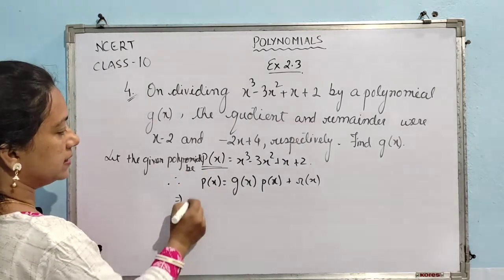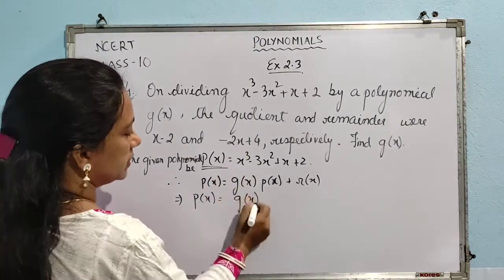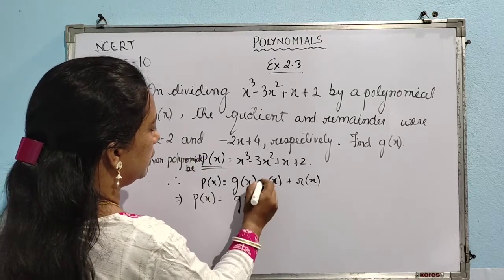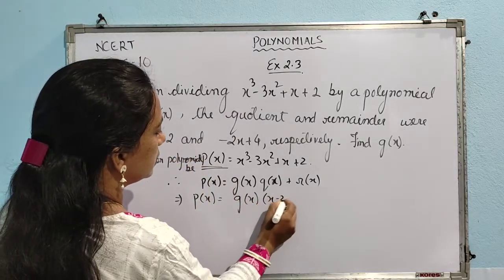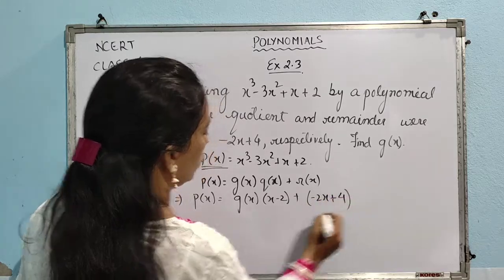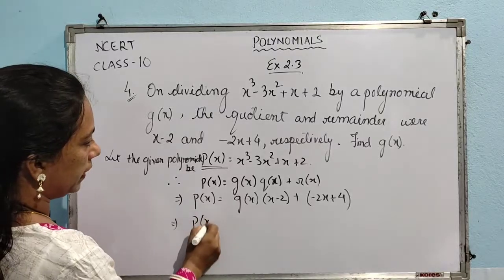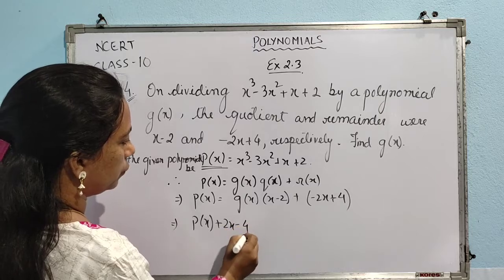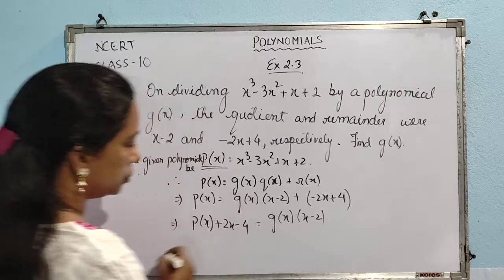We don't know the value of g of x, but we know the value of q of x, the quotient, which is given to be x minus 2, and the remainder is given to be minus 2x plus 4. So from this what can we write? If this goes to the other side, it becomes plus 2x minus 4 equal to g of x into x minus 2.